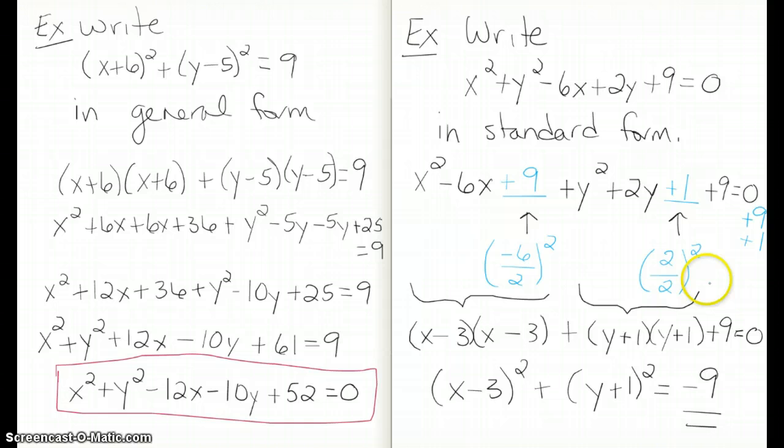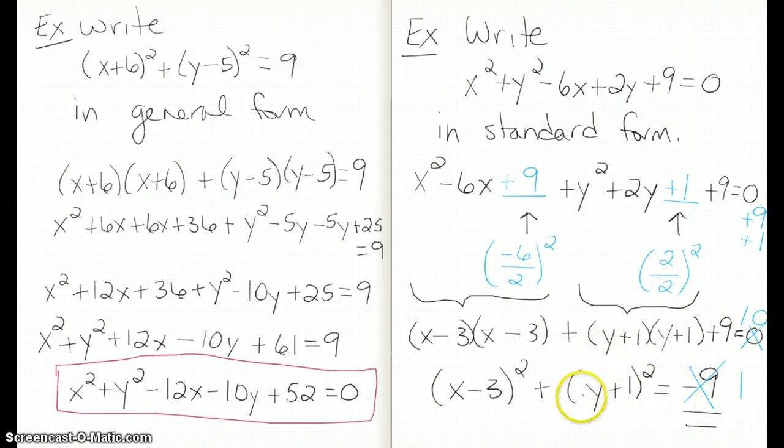So up here we should have actually added a 9 to the right side and added a 1 to the right side. So when I get down here to this 0, that's not actually a 0. There's actually a 10 living over on this right side, because there's a 9 and a 1 over there. So that means this is not a negative 9 living down here. When I move that 9 over, I'm actually left with 10 minus 9, which is 1.